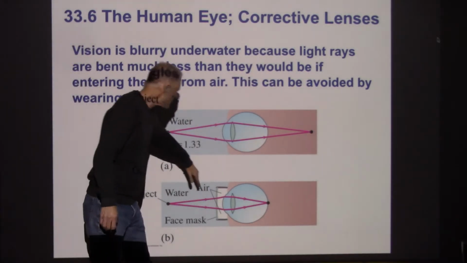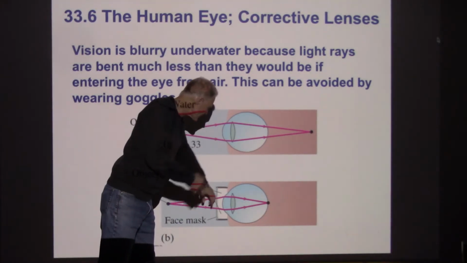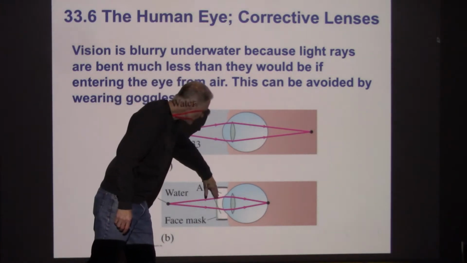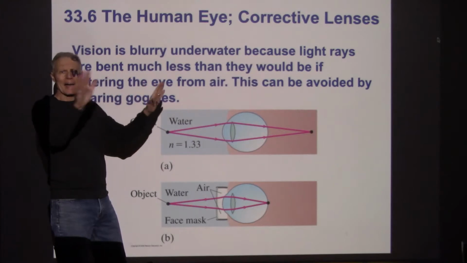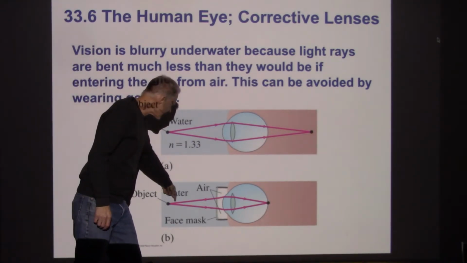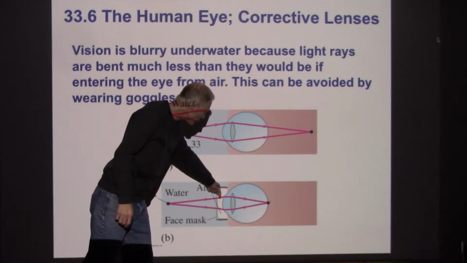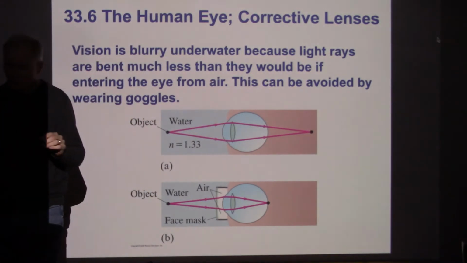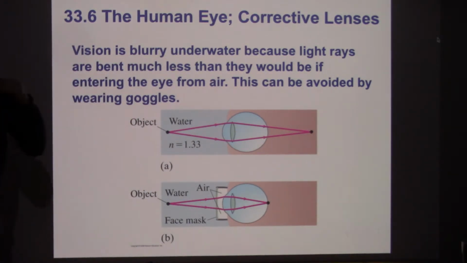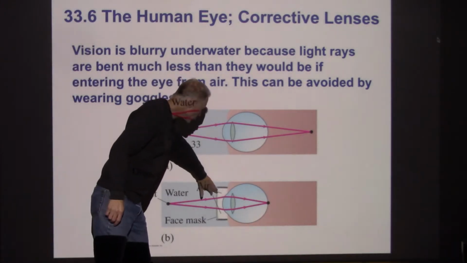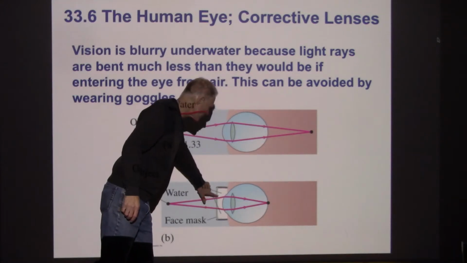Now, the way that masks and goggles work, in order for this to work, I need the mask to be pretty much flat so that the light coming in continues straight through between the water and the air on the way in. Because on the way from the water into the mask where the air region has been created, if this were curved, then we would run into refraction effects here.